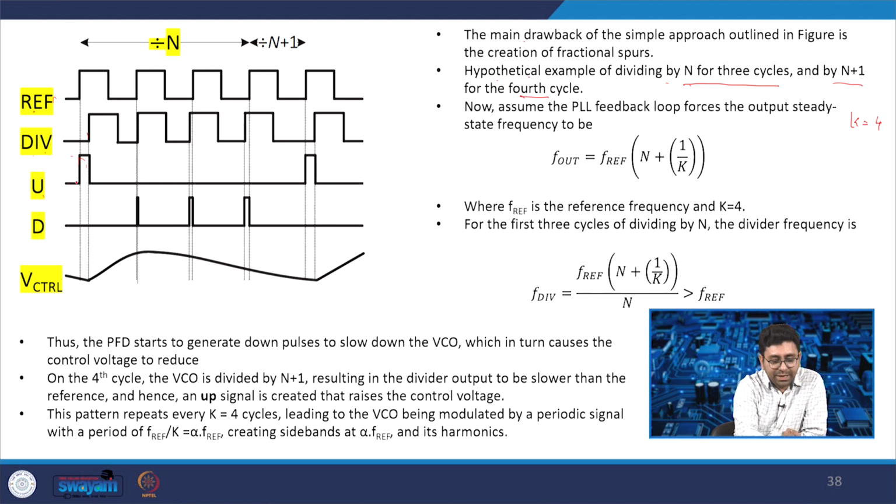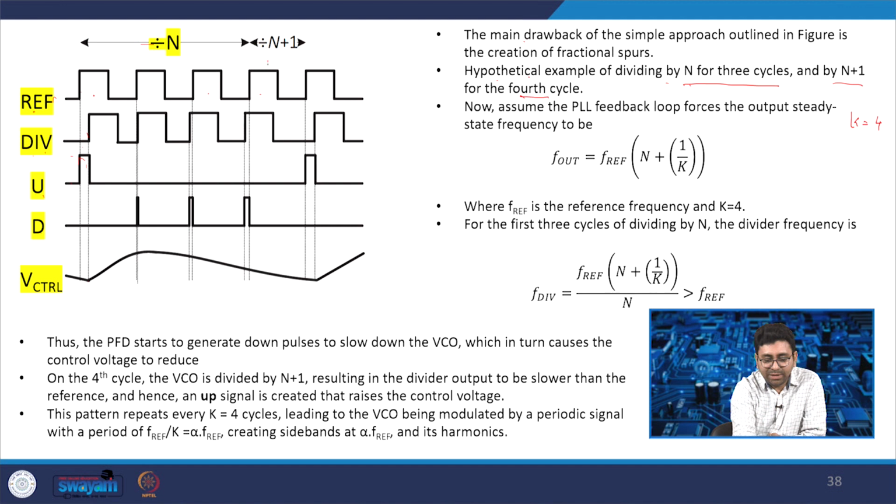The up signal is generated when there is a difference between the reference and the divided frequency, and the control voltage starts increasing, so the voltage-controlled oscillator increases its frequency. After 3 cycles, it divides by N, and then it divides by N plus 1.